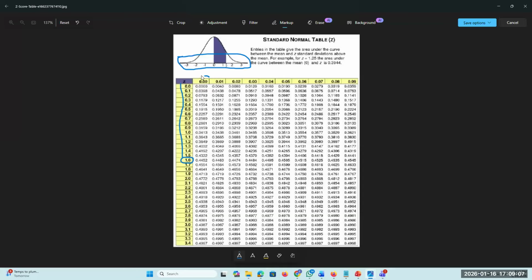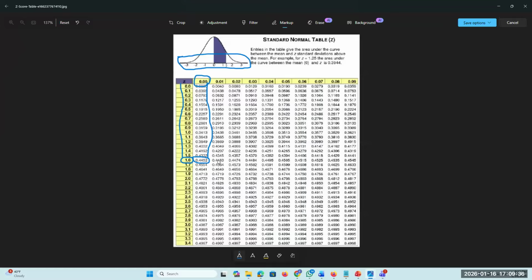But I told you that we are not going to write a 0. But it is 1.60 because of two decimal places. So now you're going to look at where 1.6 and the 0 meet, the intersection. And this is where they meet. So now the answer is what? The answer is 0.4452.